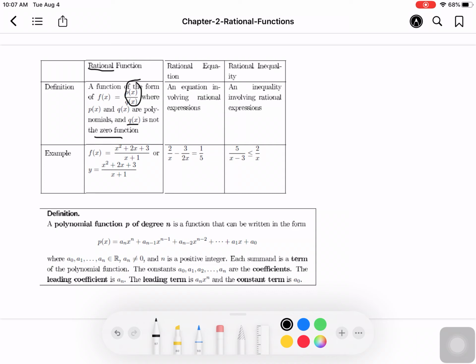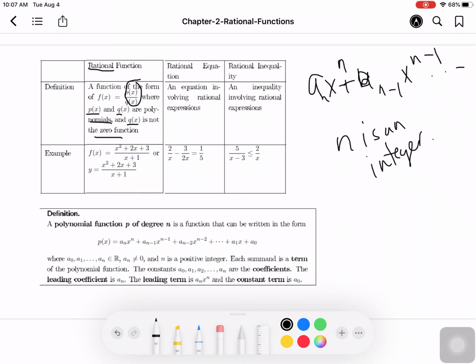Now take note of this, p and q are polynomials, meaning the exponent of your variable is an integer. Say for example, this one, a_n x^n plus b, a_(n-1) x^(n-1), and so on. Where our n is an integer.